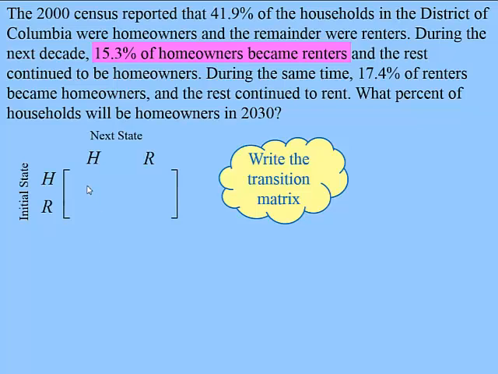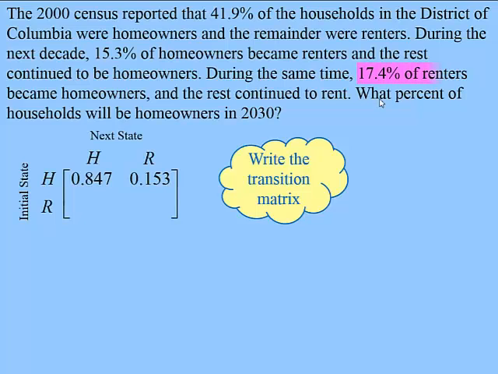That is this number, homeowners that became renters. The rest of the homeowners continued to be homeowners. This number is the rest. If 15.3% changed from homeowners to renting, then the other 84.7% continued to be homeowners.